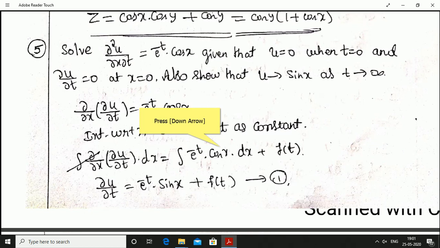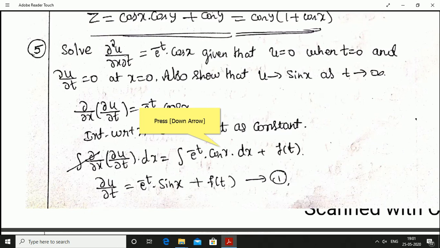We are left with del u by del t equal to integral of e power minus t into cos x into dx plus some constant of integration because we treated t as constant. Okay, hence f of t is the constant of integration. E power minus t is constant, cos x integration with respect to dx is sin x. Call it equation 1.